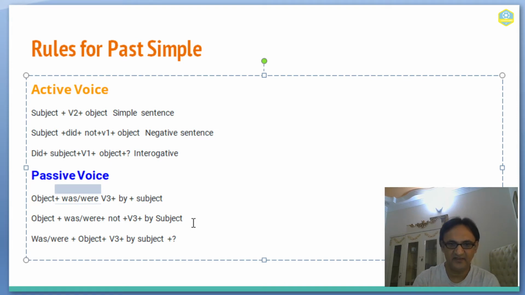Suppose you have a continuous sentence, you have to make it the third form, or if you have a perfect, you have to make it continuous. But here, if you have a simple tense, it's a forward. If you have a simple sentence, you have to make it continuous. So narration is the backshift, and the passive is a forward. These are the changes you have to make.